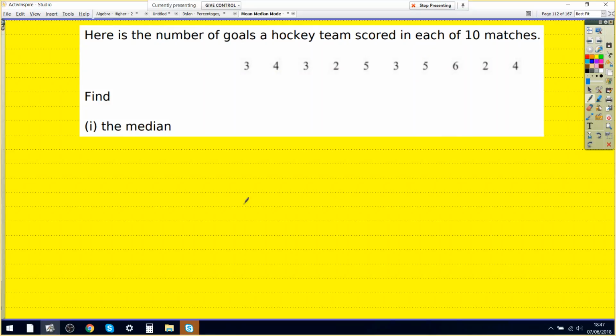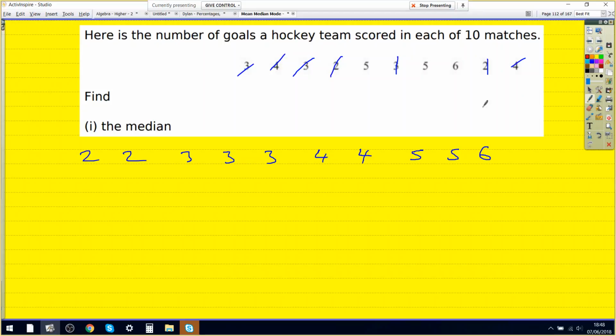Okay, find the median here. So it'd be 2, 2, 3, 3, 3, 4, 4, 5, 5, 6. Okay.